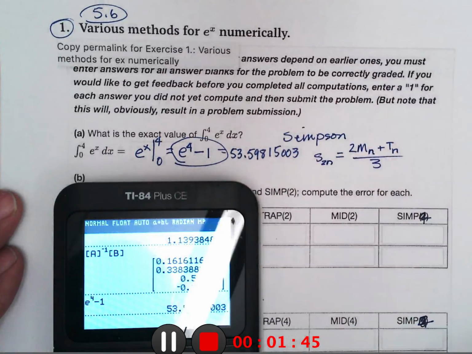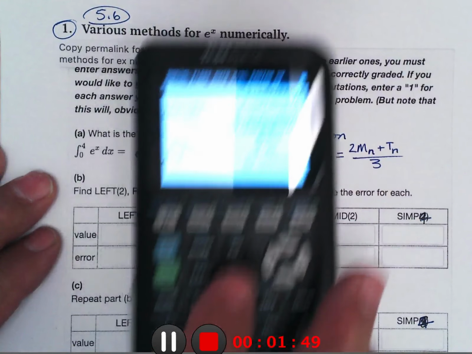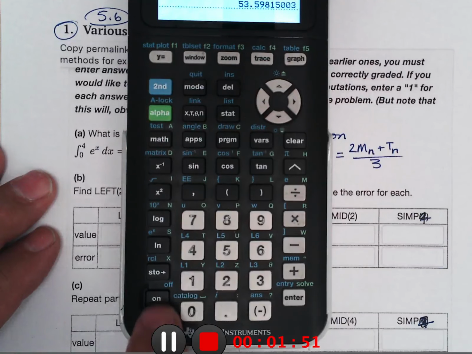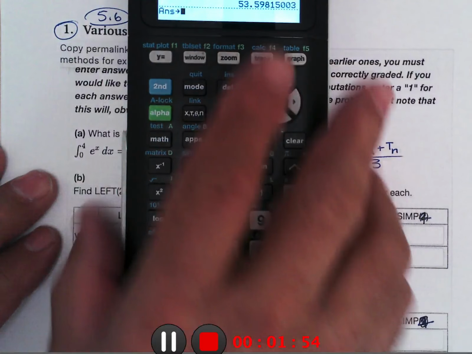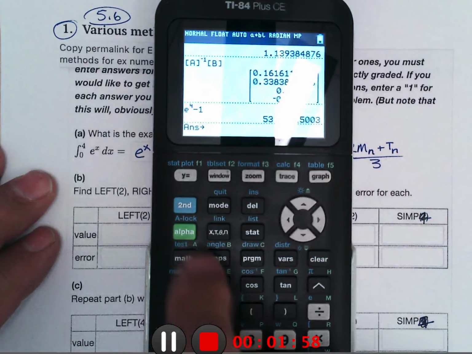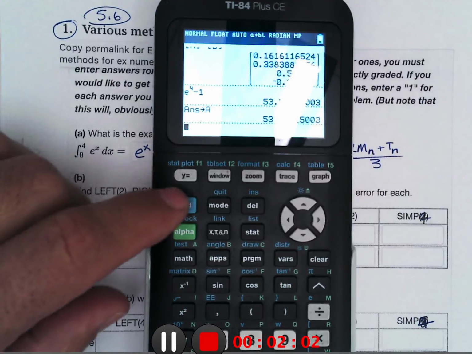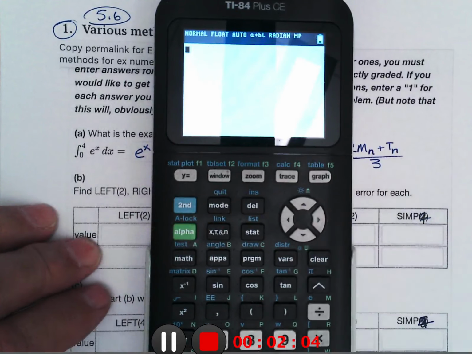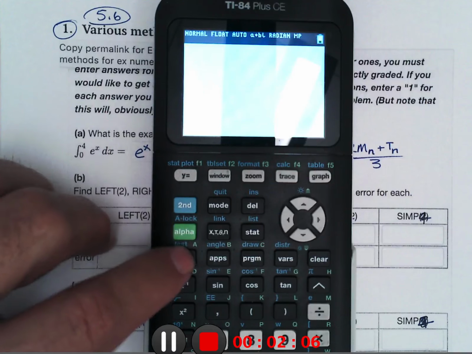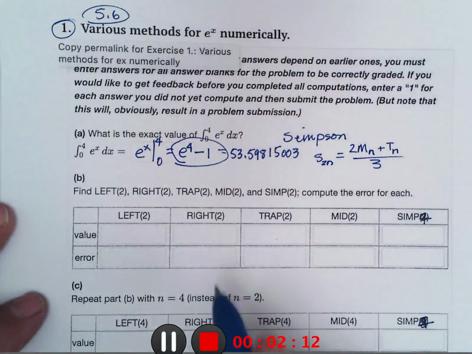Now I want to keep that, so I'm going to store it. I don't know if you know this about the calculator, but you can push store and keep that number stored in one of the letters, and I'm going to go alpha A. So if I quit or clear, I can go alpha A, and it will tell me that number. It's got that number memorized now. Okay? So that's in my A box.